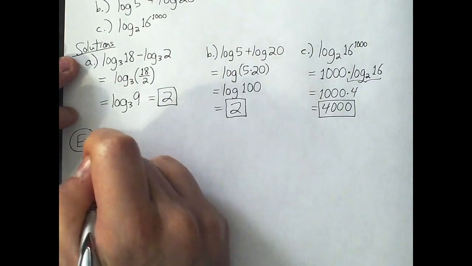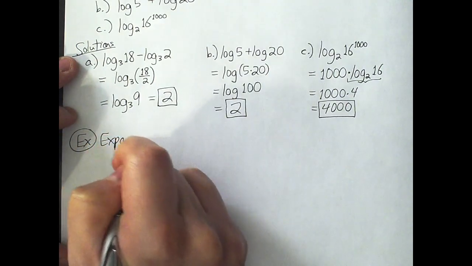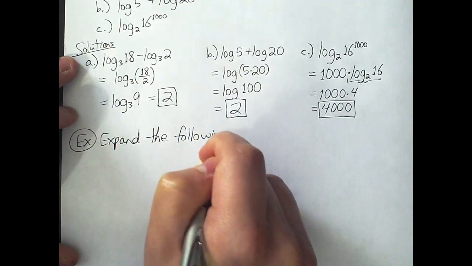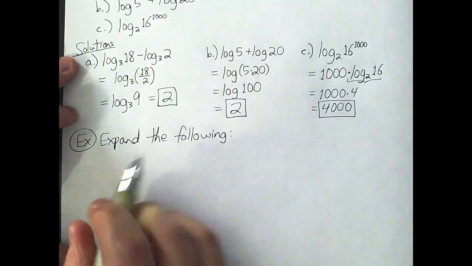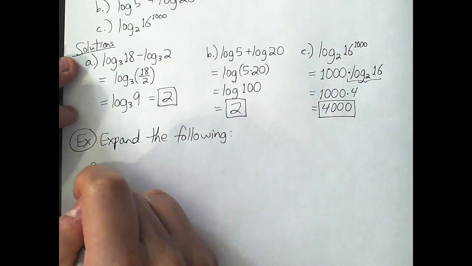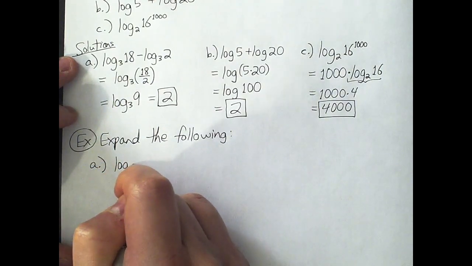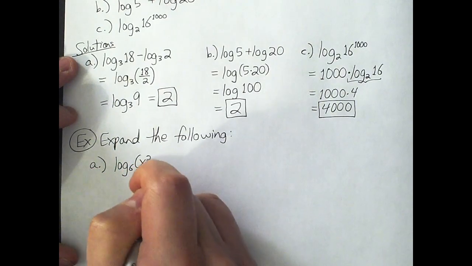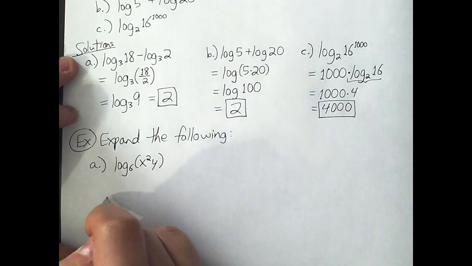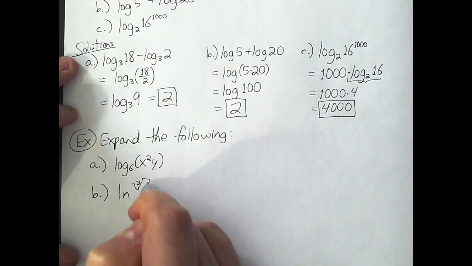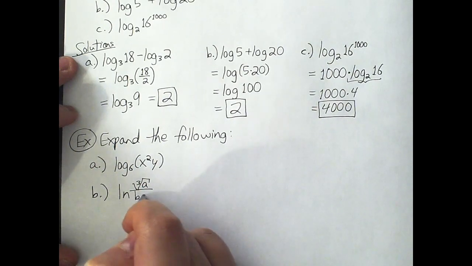So this time I'm going to say expand the following. Expanding is kind of the opposite of simplifying. Again, I'm going to put 3 problems, and again, I'm going to do the first one, and then I would like you to take time to try the others. There's B. You know, because a big part of learning math is doing it on your own.